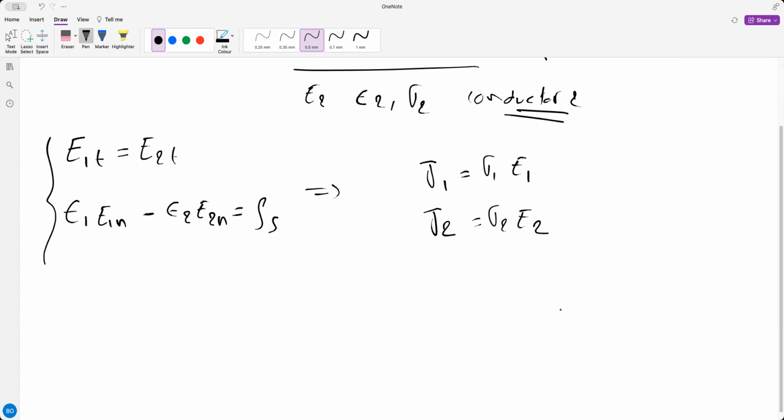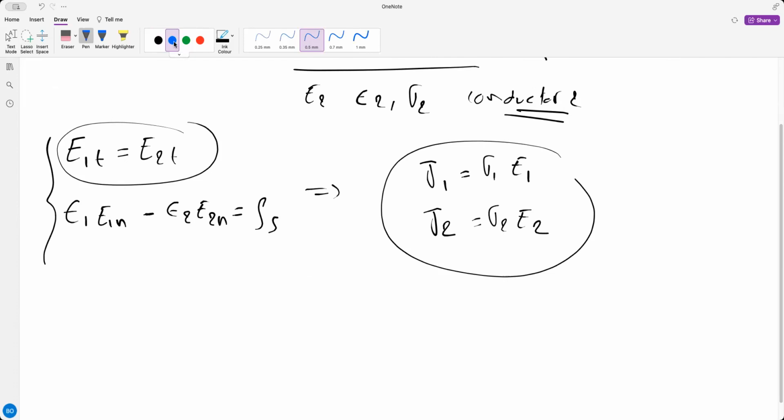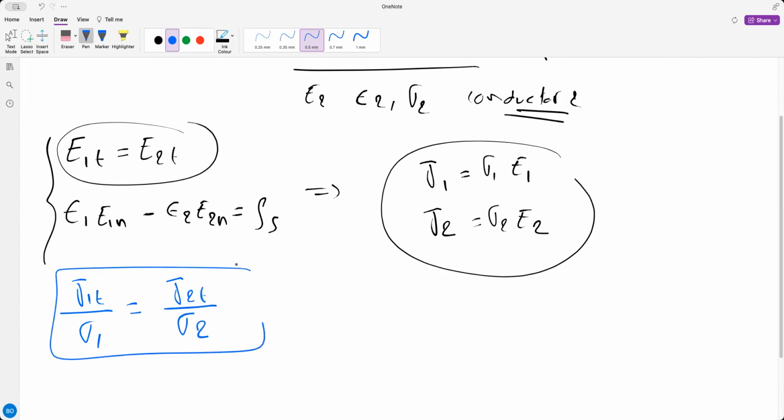This means that if I take this one and I use this one, I get the first tangential, which is J1 tangential divided by sigma 1 must be equal to J2 tangential divided by sigma 2. This is coming from this one and replacing here. Okay.